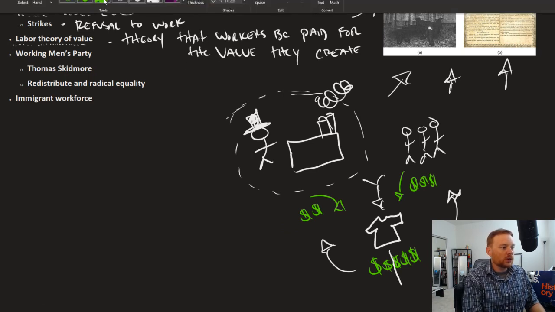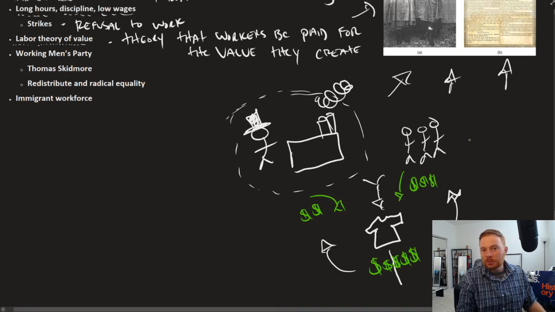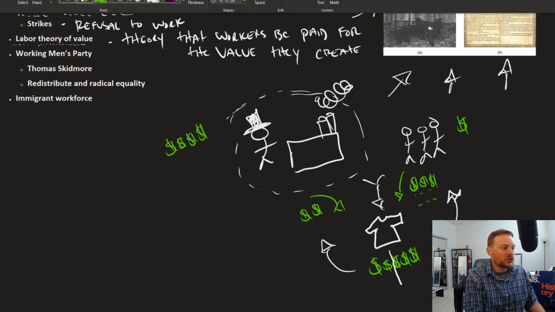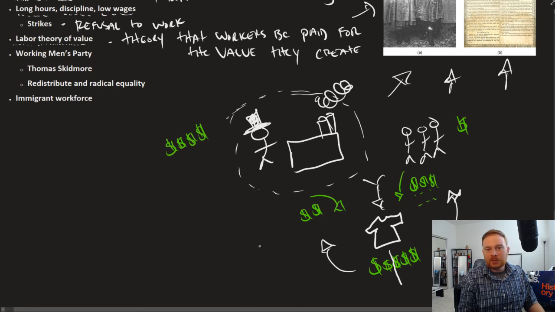In reality, workers were able to be exploited for the cheapest possible wages. So they might put $3 worth of work in, but only get $1 worth of work out, whereas the factory owners kept the majority of the money. And this led to an increase in what we might call income, even though it's not really income. Let's not use income. We'll say wealth.